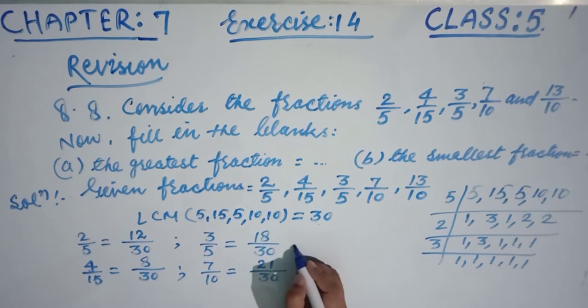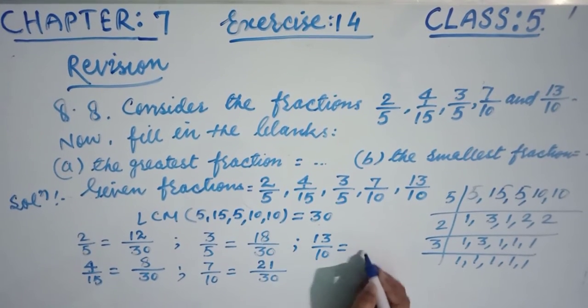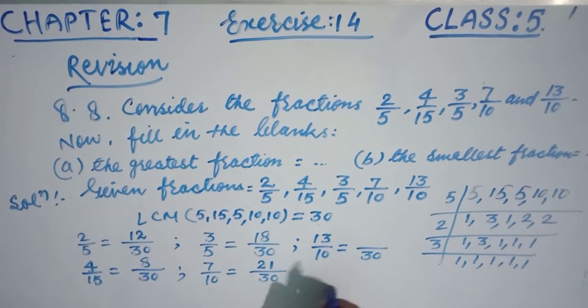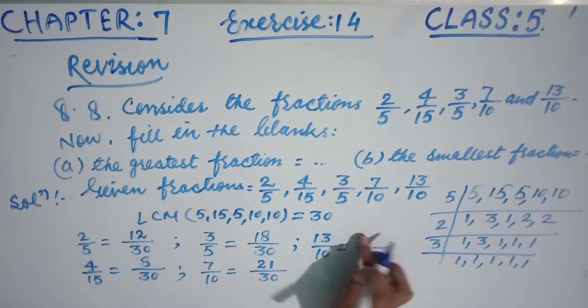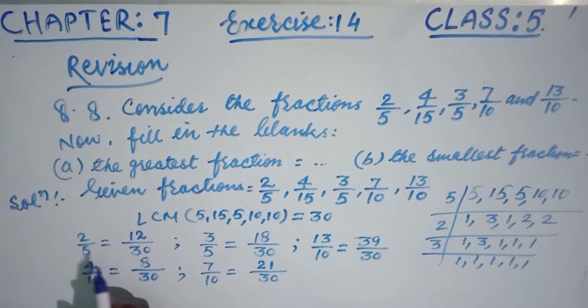Now for the fraction 13 by 10, friends, write the denominator the same, 30. Now divide 30 by 10, friends, and we will get 3, 3 multiplied by 13, 3 threes are 9, 3 ones are 39.